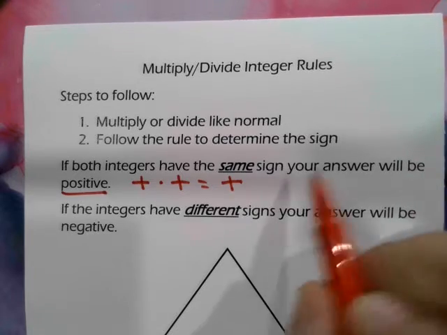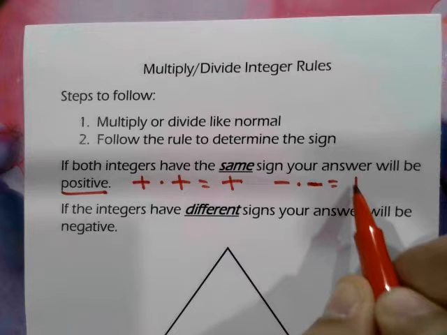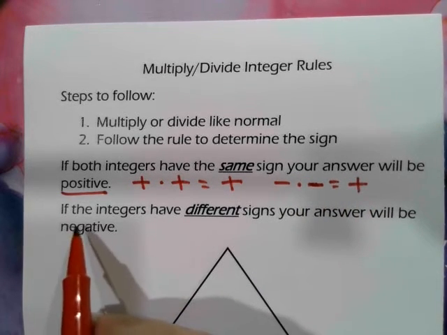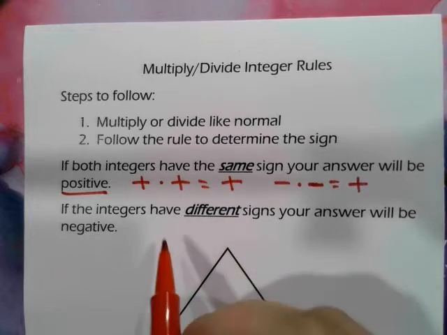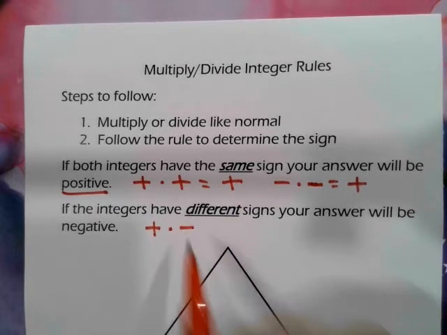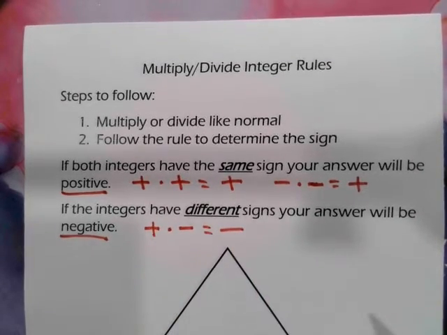A negative times a negative is also a positive. If the signs are the same, your answer will be positive. If the integers have different signs, meaning one number is positive and the other is negative, then your answer will be a negative number every single time.